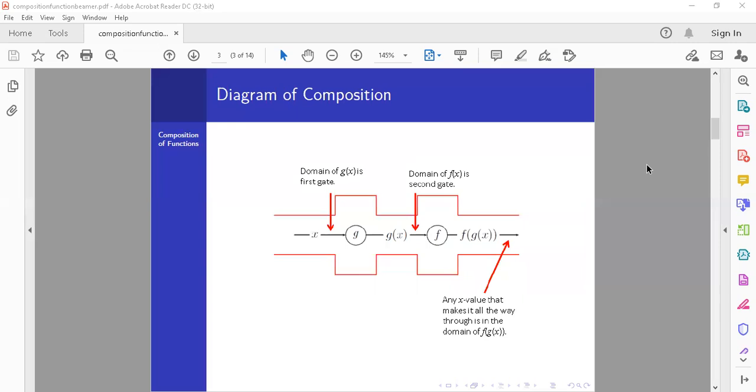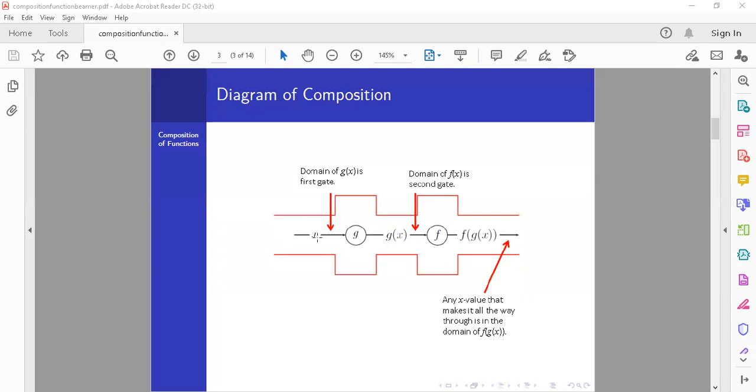So here's a little diagram of what I mean. Here we have an assembly line, if you will, where we have x being sent into the g rule, and then whatever comes out of g is then sent into the f rule, and what comes out of that is written as f of g of x. So when you're finding domains, the domain of g is this first gate, so x has to pass through that.